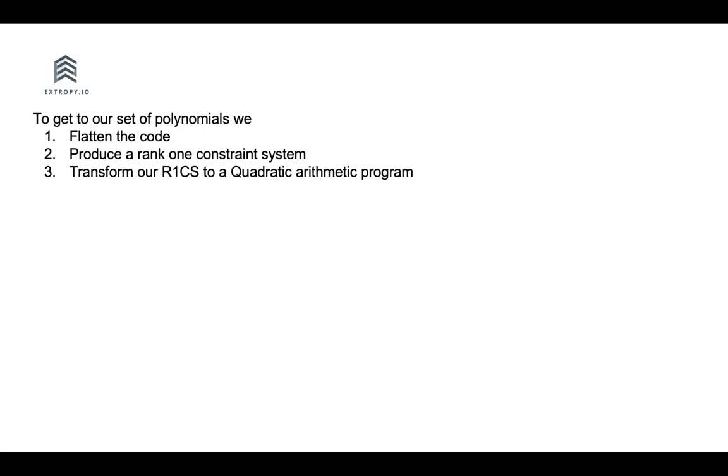So these are the first few steps we go through. We're starting with a program written in some code. We're taking it into a constraint system. We take that into what's called a QAP, and then at that point we effectively have some polynomials, and we can start to do our magic with polynomials and try to do our matching.